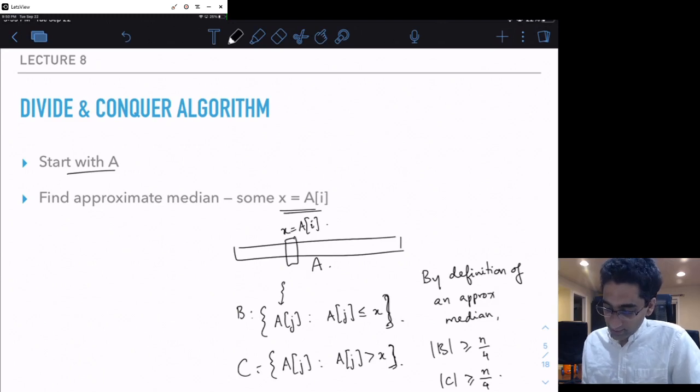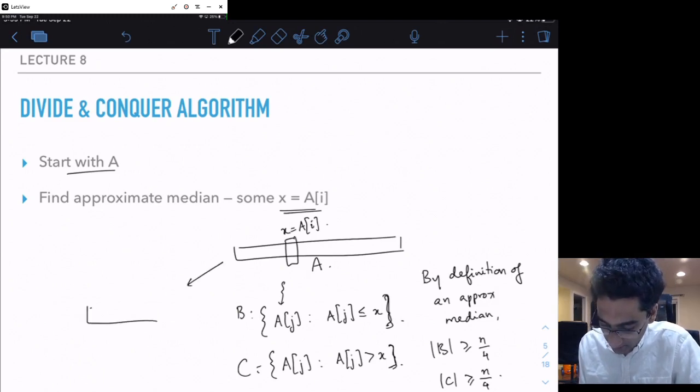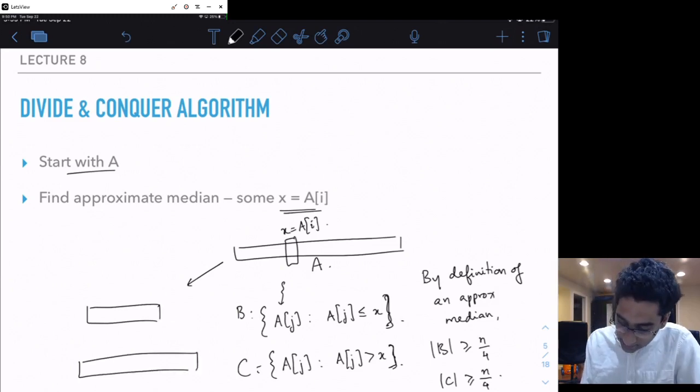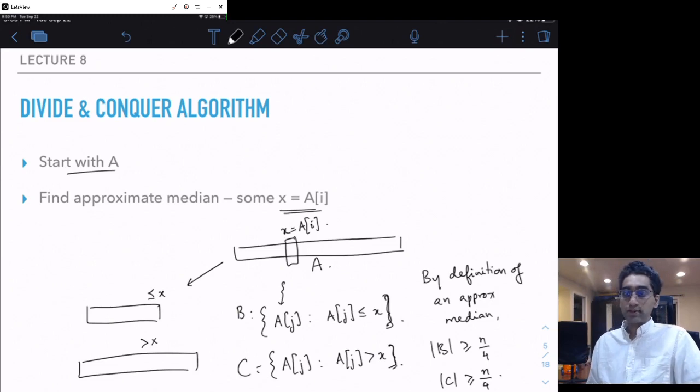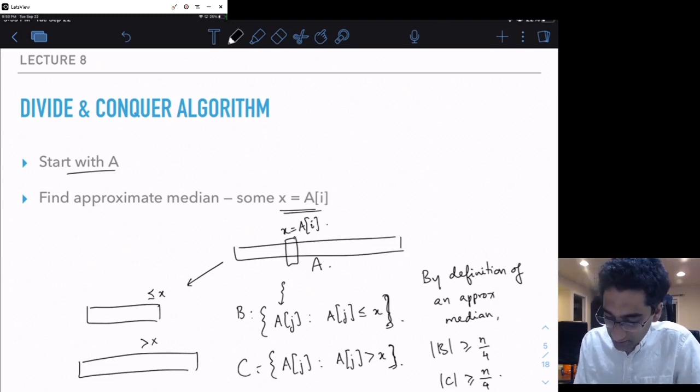All right, so how does this help us? Right, so you've now taken, using x as a pivot, if you will, you've broken up A into two subarrays. One is B and the other is C. Both are reasonably large. Okay, this contains all numbers less than or equal to x, and this contains all numbers bigger than x. Now, the key thing is, let's say I'm trying to solve the selection problem.